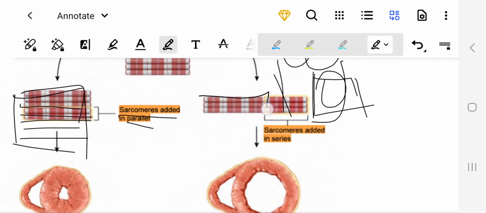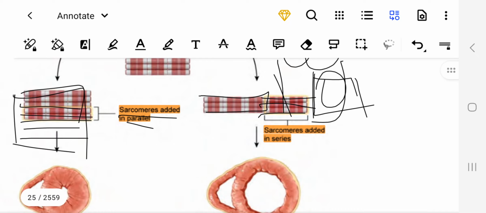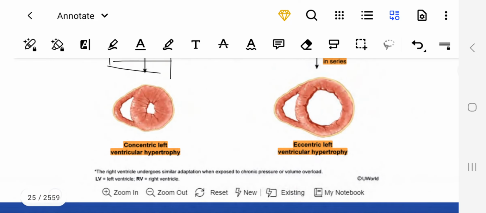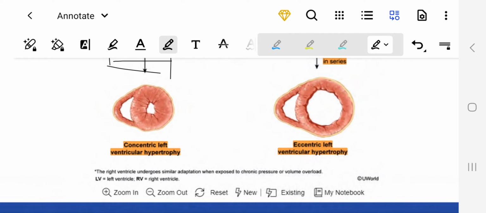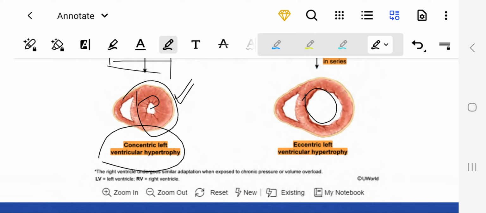If these are the normal fibers, they will be increased in this manner. As I mentioned, this will cause concentric hypertrophy if in parallel, and if in series, that will increase the size of the cavity. Over here the cavity size is decreased, but overall thickness is increased.